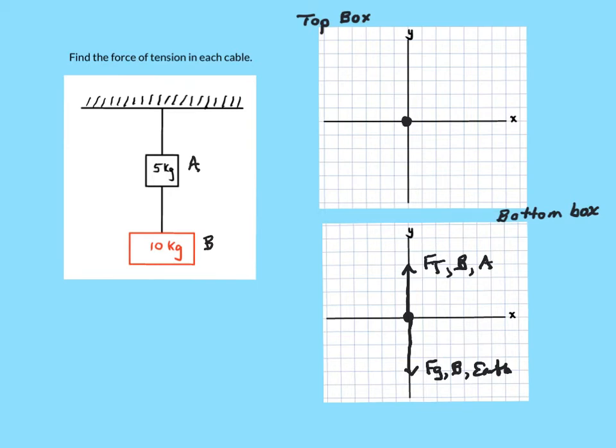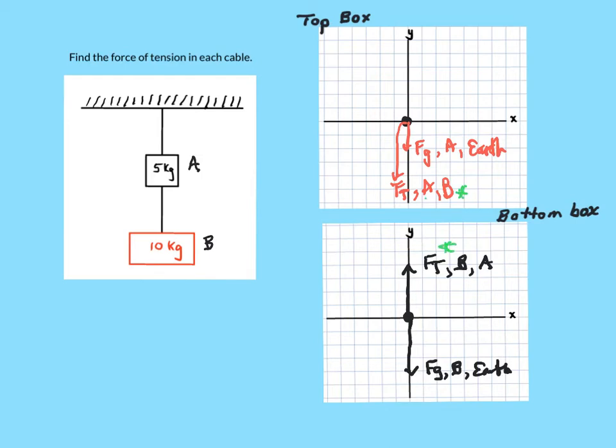Okay, and then if I want to do the other one, so A has a force of gravity. I'm going to make that about half as big because it has half the mass. So this is on A by the earth. And we've also got a force of tension, okay, force of tension on A by B. This and this, these are Newton's third law pairs, right?